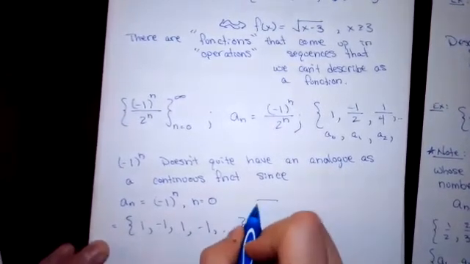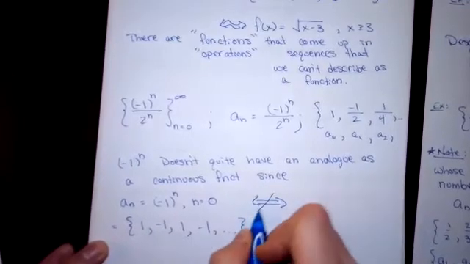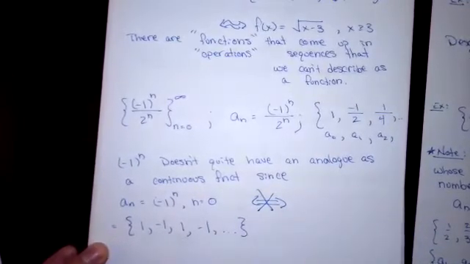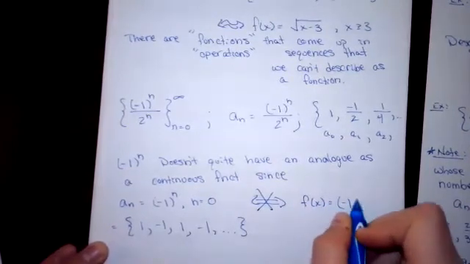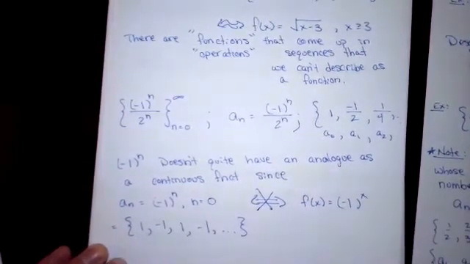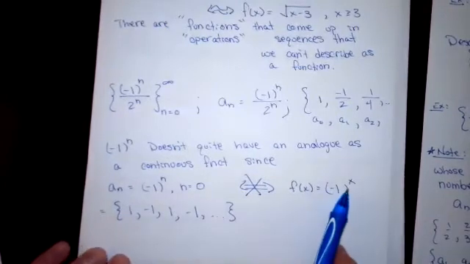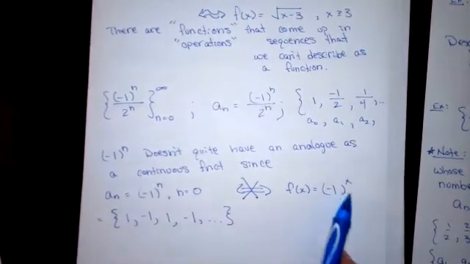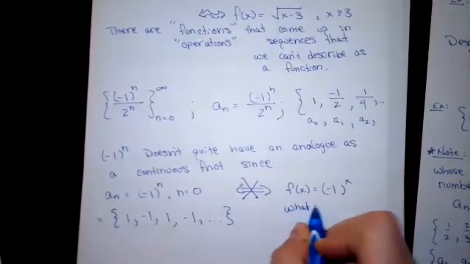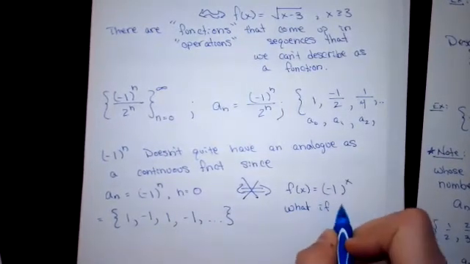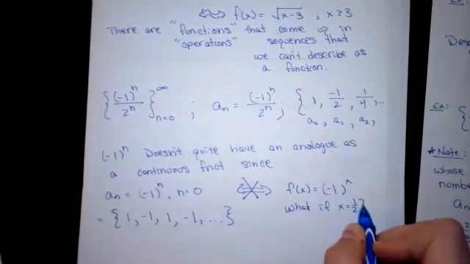This doesn't quite work as a function, because what is f of x equal to negative 1 to the x? We never see this. This has never come up before. And why not? Specifically, what if x equals 1/2?